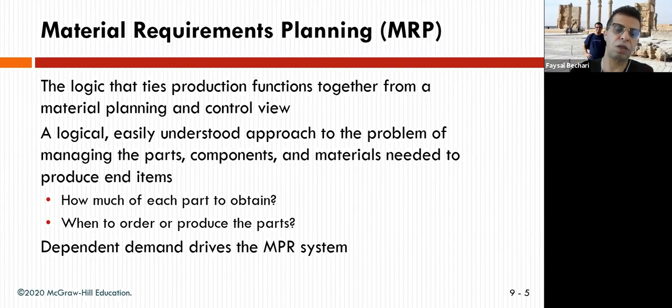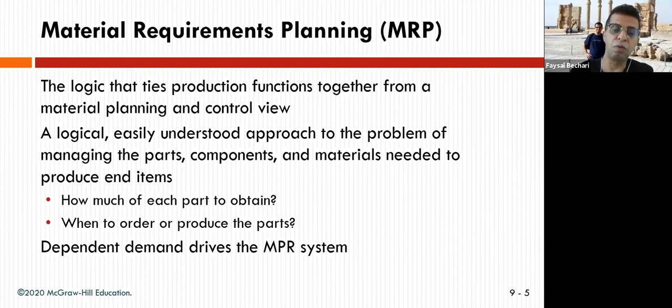MRP is a logical, easily understood approach to the problem of managing the parts, components, and materials needed to produce end items. It tells you to produce an amount A, which is made of tons of different small things that have to be integrated or connected to each other.